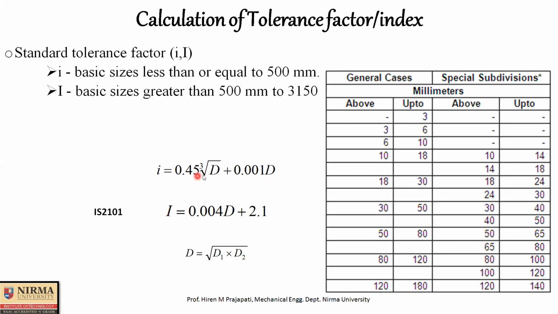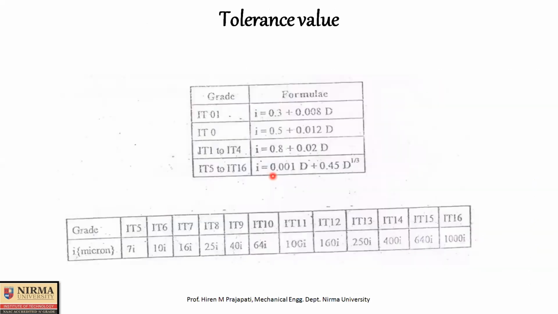Now you need to put D in mm in the equation of tolerance factor small i, and after solving it, whatever numeric value you get is in micron, because by default this 0.001D is the conversion of mm unit into micron unit. Okay, so this is a very important thing which you need to remember.